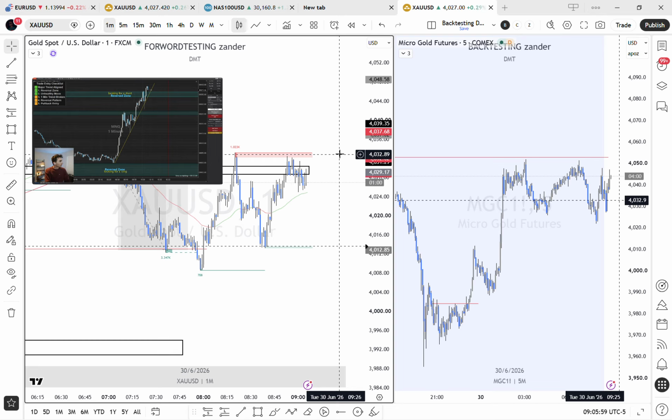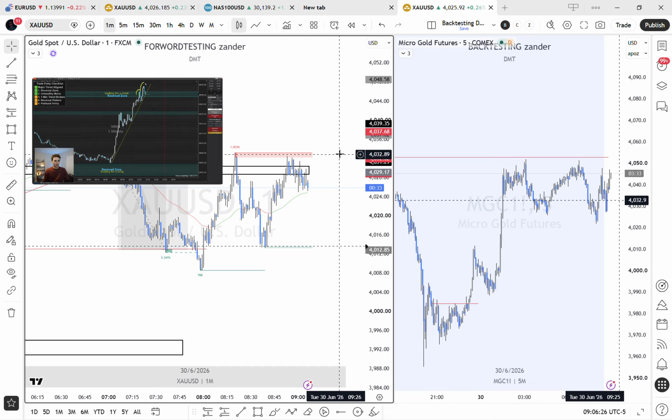Microsoft's up a little. Apple's up a little too. There are so many stocks now, it's hard to remember them all. Apple's actually the one that's following this move the most. This is just a straight up move.